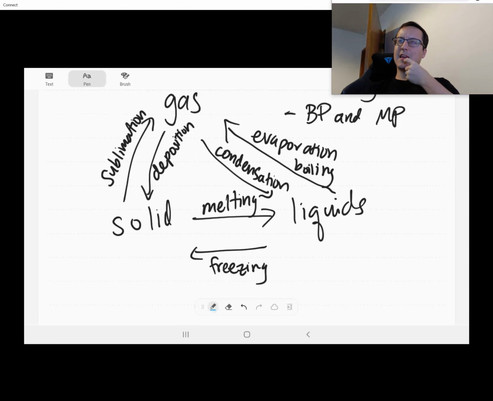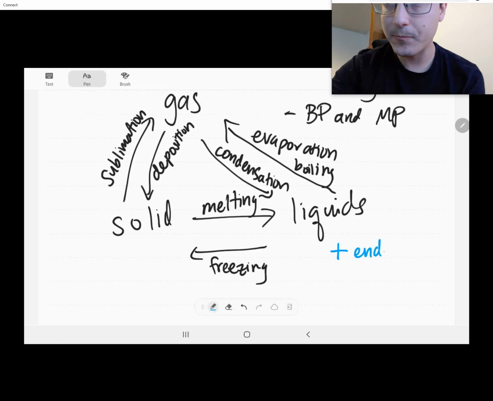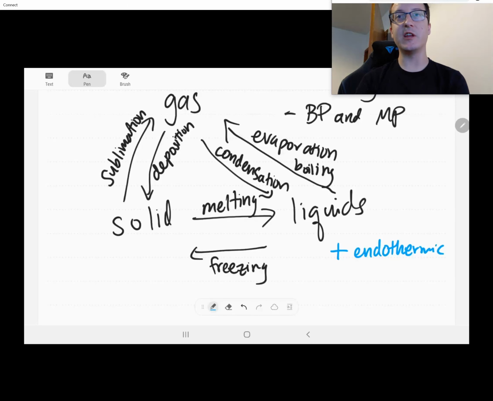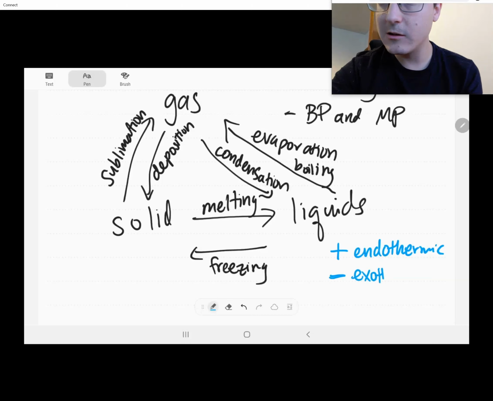Have we talked about that yet? No. Okay. So typically chemists will indicate something endothermic with a positive change in energy, because energy is being added, it gets bigger, right? And exothermic is a negative.